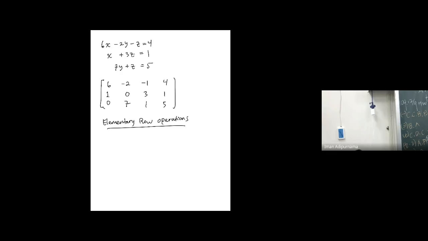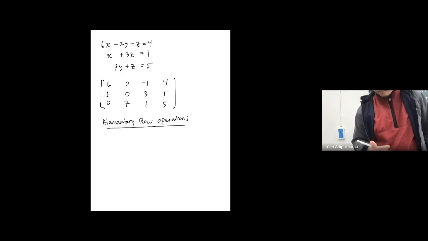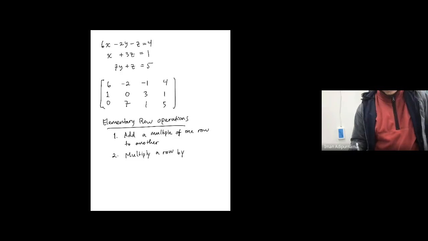So you have an augmented matrix. Elementary row operations state that first, you can add a multiple of one row to another. Second, you can multiply a row by a non-zero constant.